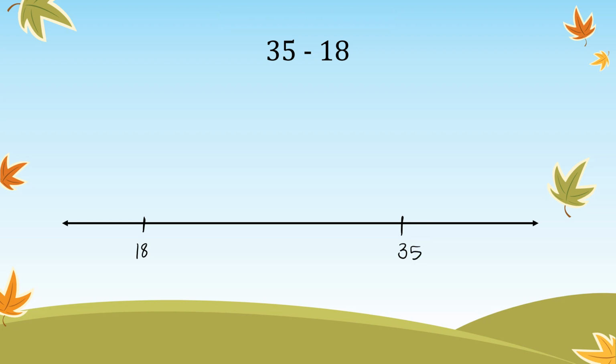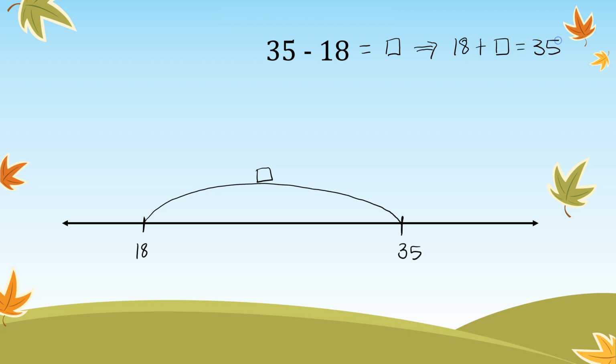Now, the answer to this problem is the distance between 18 and 35. That is our blank. So 35 minus 18 is equal to blank, or 18 plus blank is equal to 35. That's the definition of subtraction, right?